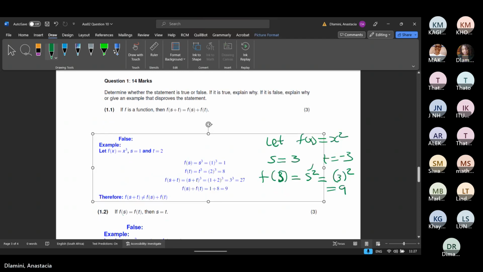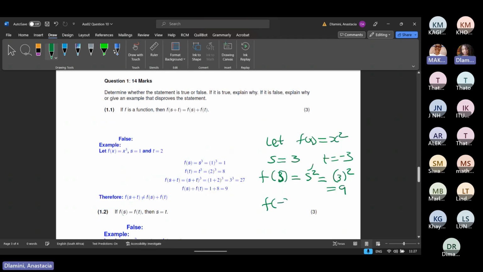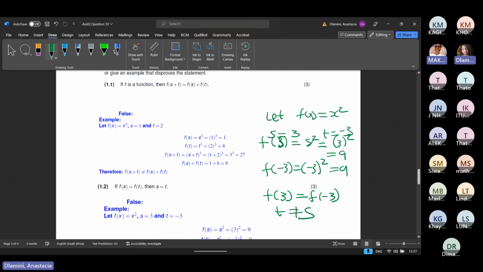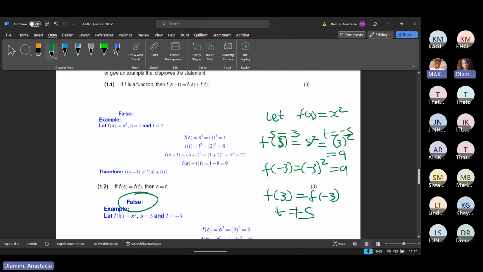And f of -3 is the same squared, which is equal to 9. So f of 3 is equal to f of -3, but t is not equal to s. That's why our statement is false, because t is -3 and s is +3.